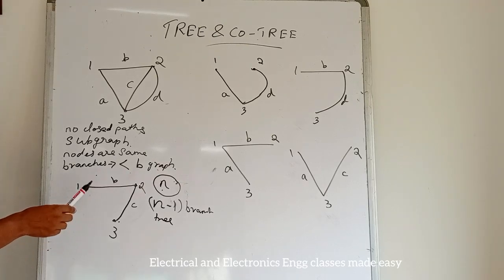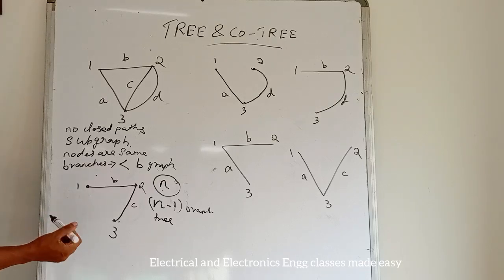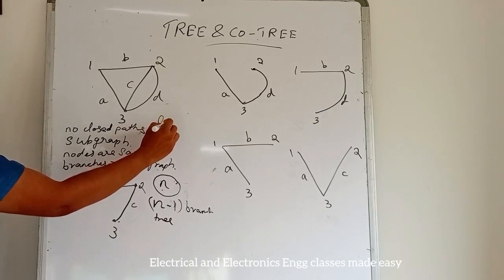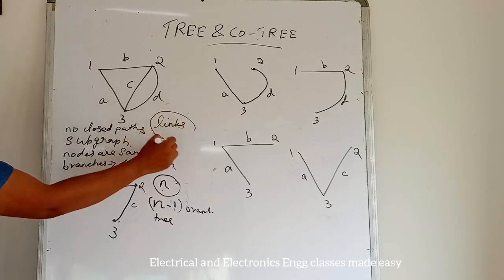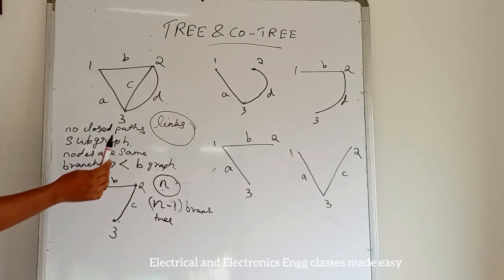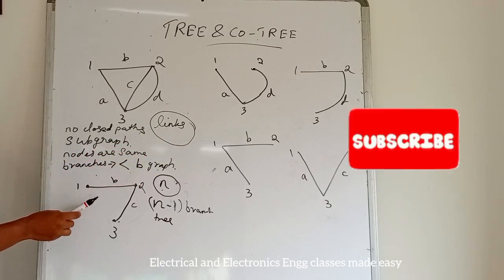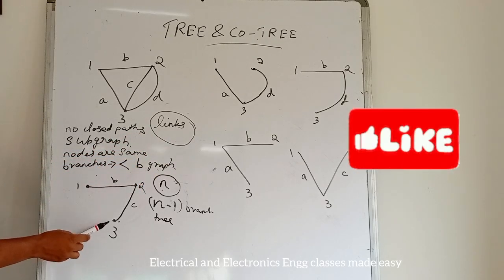And here, in forming a tree for a graph, certain branches are removed or opened. The branches thus opened are called links or link branches. So, links are the removed branches to get a tree.